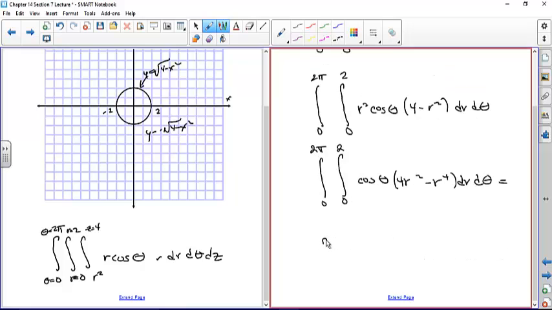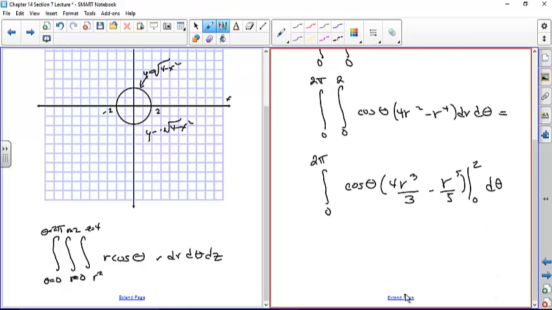Okay, then we integrate with respect to r. So we have the cosine of theta, which we treat like a constant, and then you'll have 4r cubed over 3 minus r to the 5th over 5, evaluated between r equals 0 and r equals 2, and we have our d theta, and we're integrating from 0 to 2 pi.